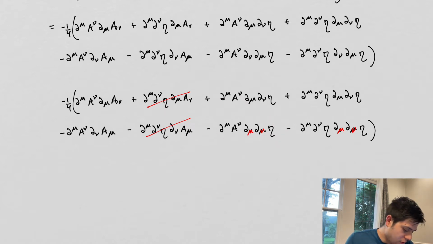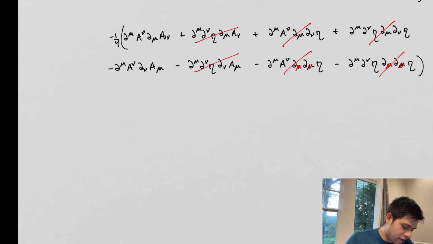So we can cancel those out. And we could see that this here looks an awful lot like this. And so we can cancel those out. And what we're left with is our transformed Maxwell Lagrangian.